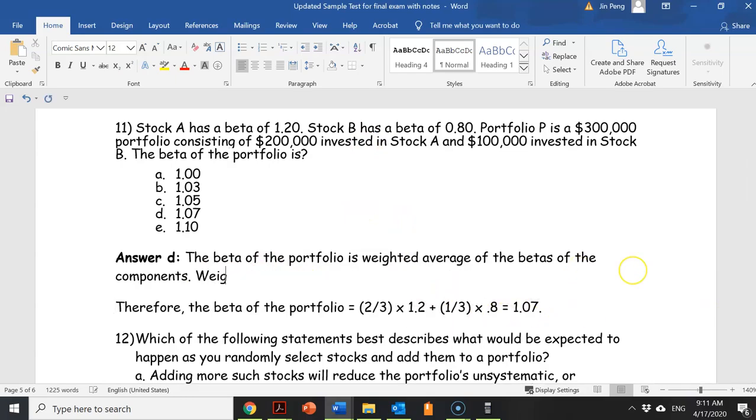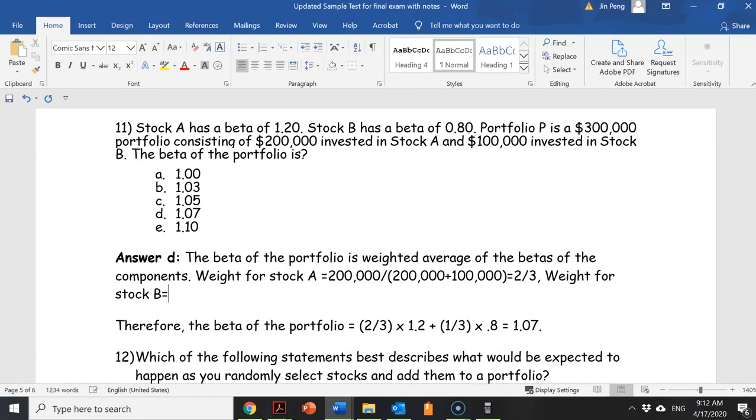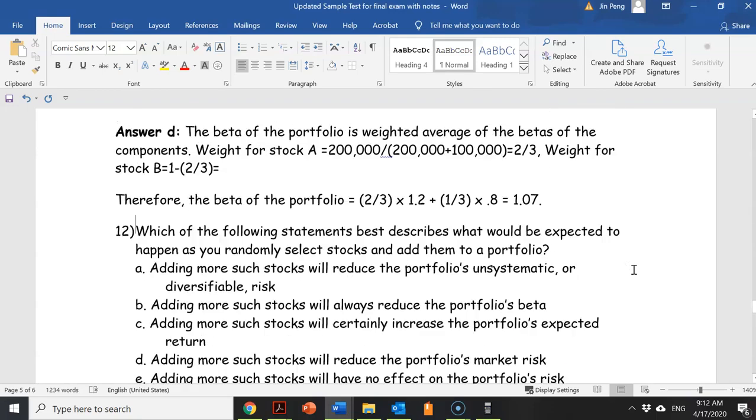The weight for stock A is the amount invested in stock A, 200,000, divided by the total money invested in the portfolio, which is 200,000 plus 100,000. So it becomes 2/3. And the weight for stock B becomes 1 minus 2/3, so it becomes 1/3.